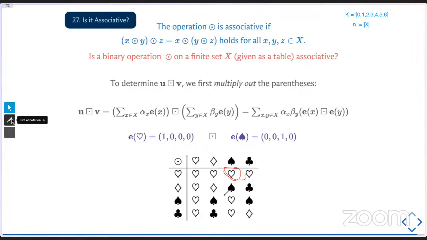So this is what we have. But now I cannot say that the square product on these two vectors is equal to a heart, because I want something in k to the x. So how do I map the heart to something in k to the x? That mapping is actually already on the slide.